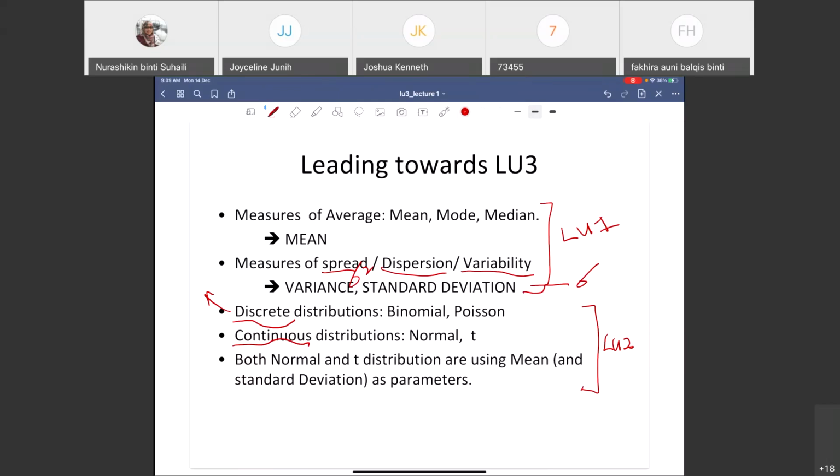When we say normal, it's always the bell-shaped curve. We also talk about T distribution, and in this one, we have various situations where we know the standard deviation, we do not know the standard deviation. We have one sample, we have two samples, right? So those are the things that we have covered under normal and T distribution.